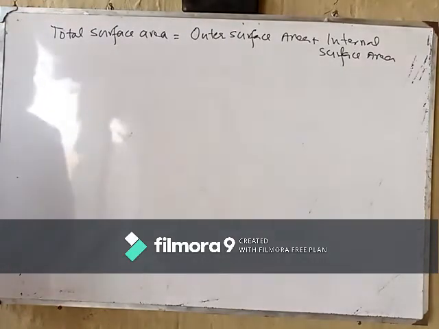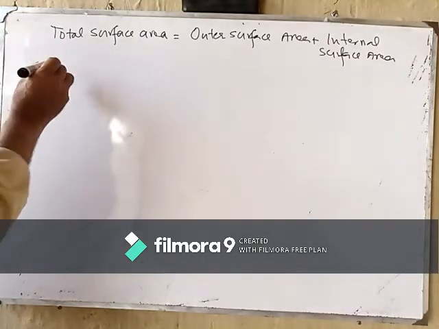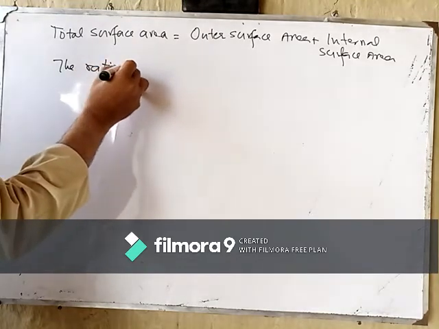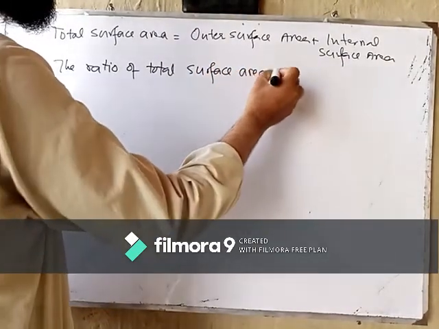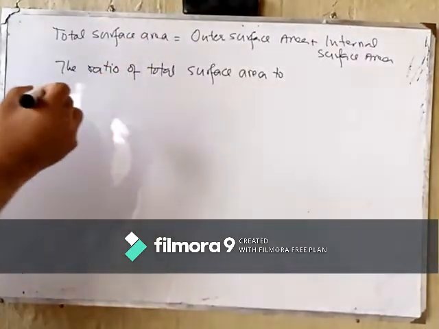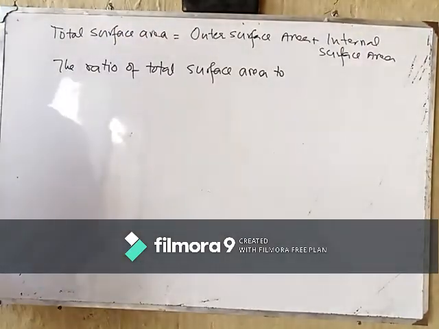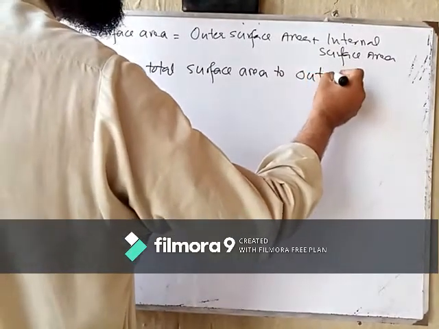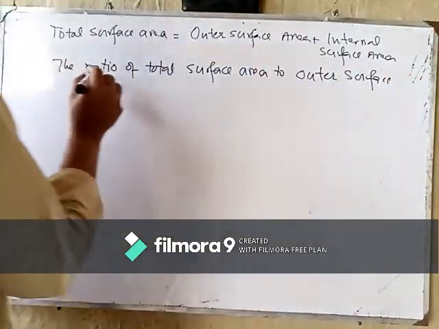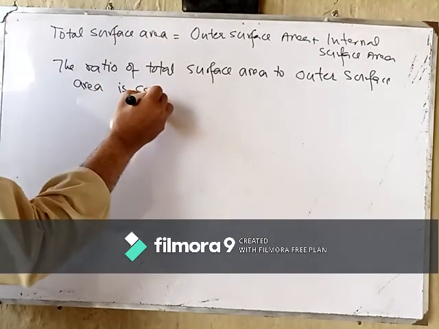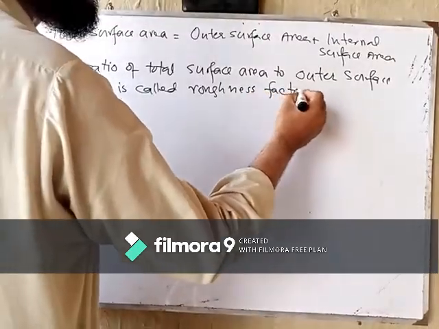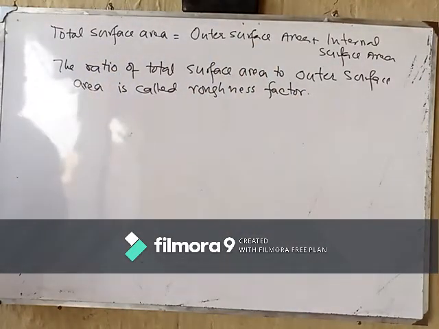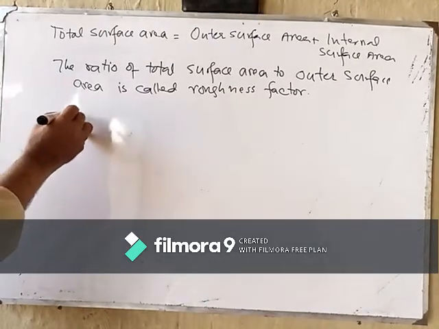The ratio of the total surface area to the outer surface area is called the roughness factor.